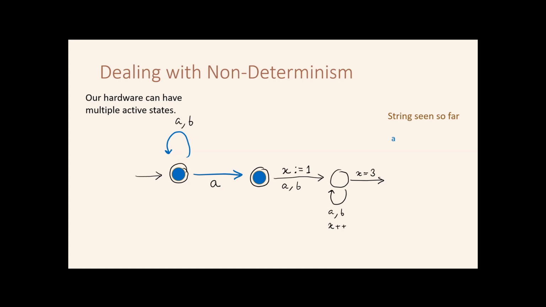Now let's say we see the letter B. This token moves from the second state to the third state, and the first token remains where it is because the transitions highlighted in blue are taken. So at this moment, since the second transition was taken, we have initialized the value of this counter to 1.